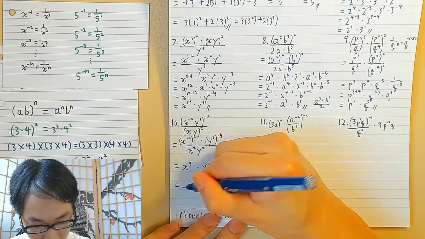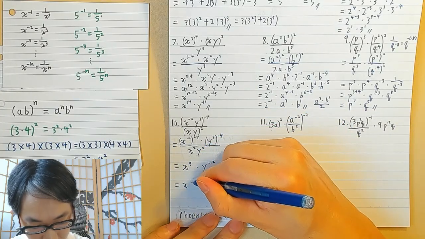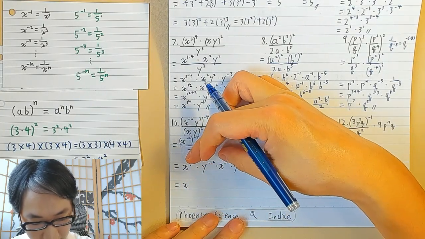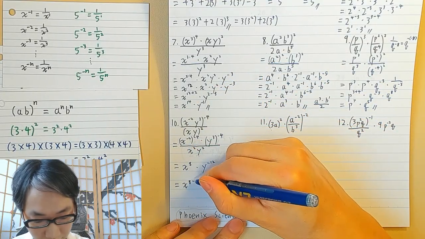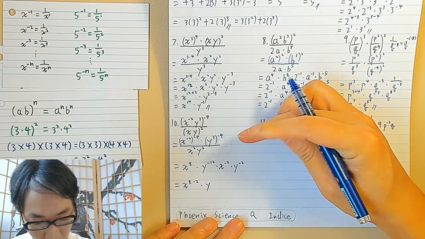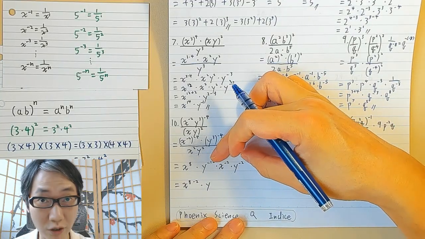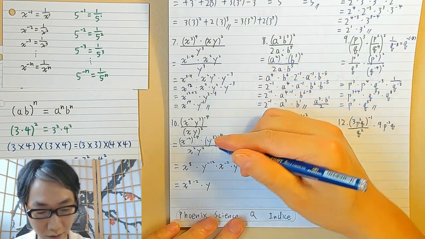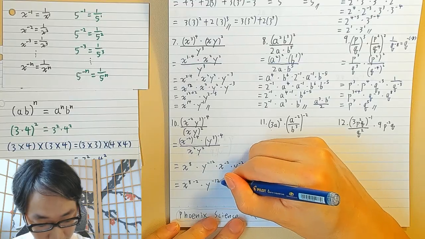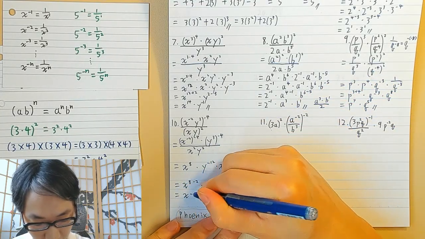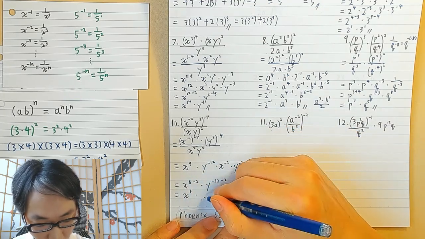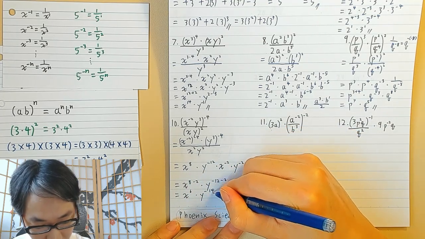So then it's x, this is 8 minus 2, times y. This is negative 12 plus negative 2. So negative 12 plus negative 2 is minus 14. So we have x to the power of 6 times y to the power of negative 14.